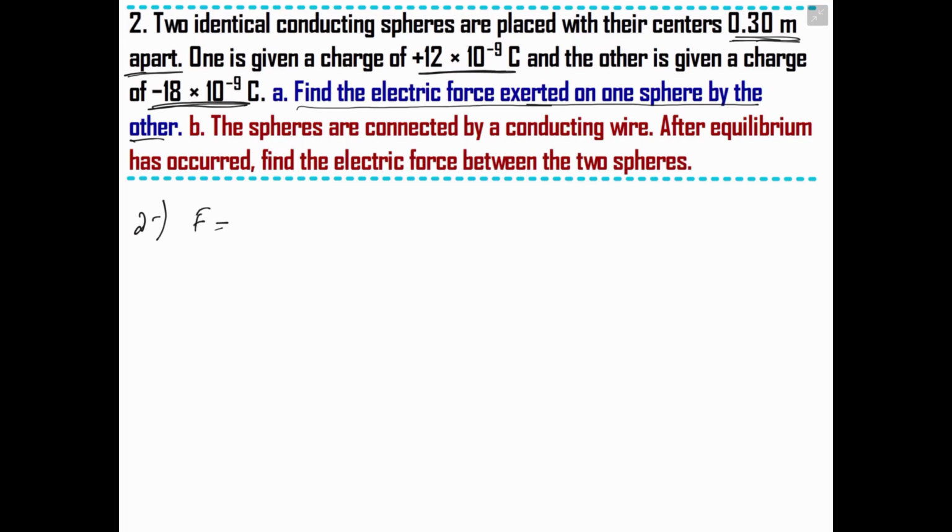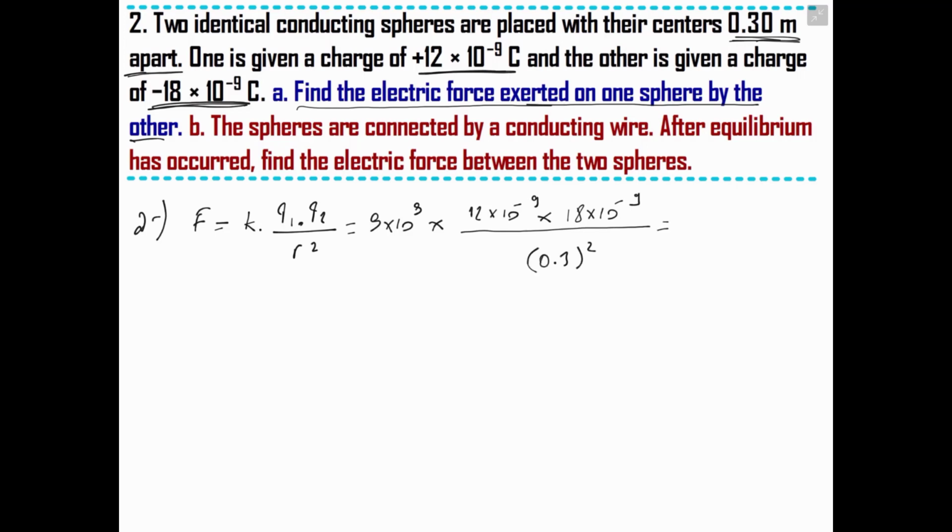The formula of the electric force is K times Q1 times Q2 over R squared, and K is 9 times 10 to the 9, times Q1, the first charge, 12 times 10 to negative 9, multiplied by the second charge, 18 times 10 to negative 9, over the distance between them, 0.3 meter, 0.3 squared.